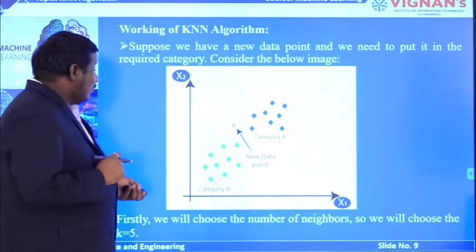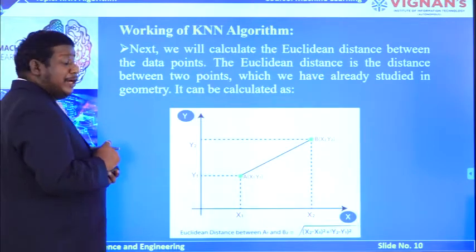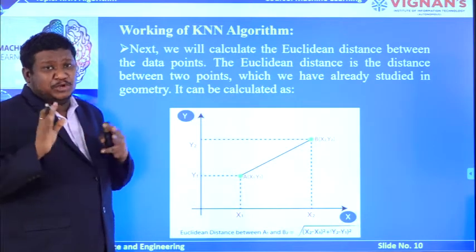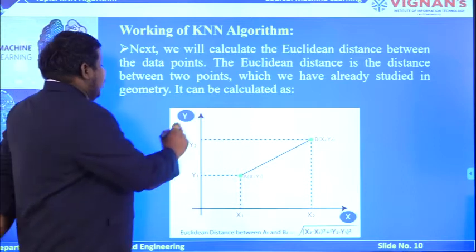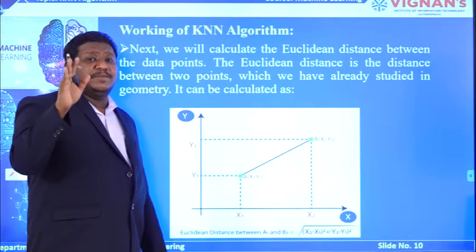Then what will be the next step? I told you we need to calculate the Euclidean distance between the two neighbors. The Euclidean distance is calculated between A and B, because A is one category and B is another category.